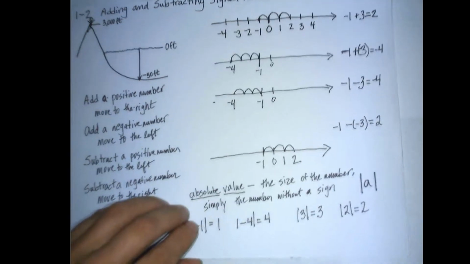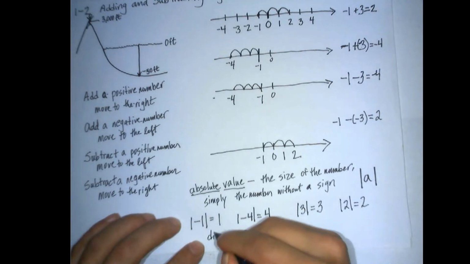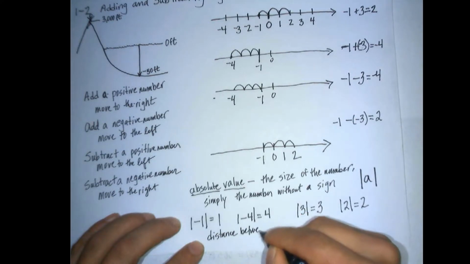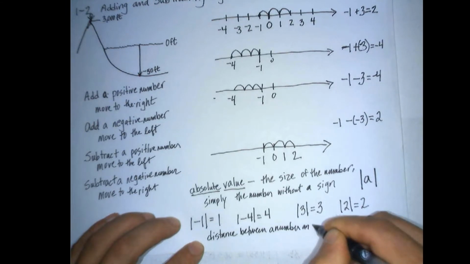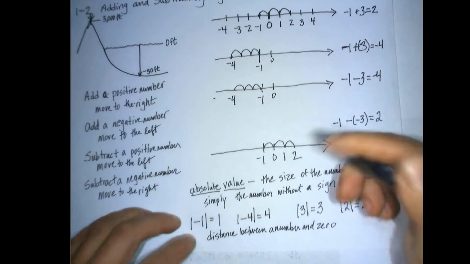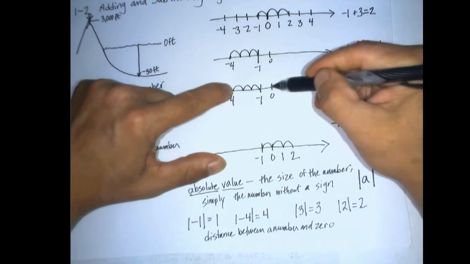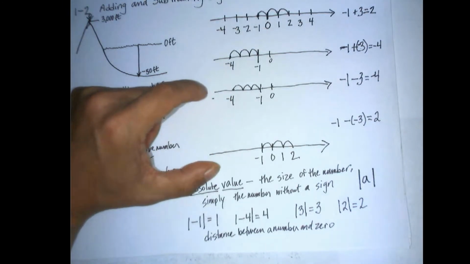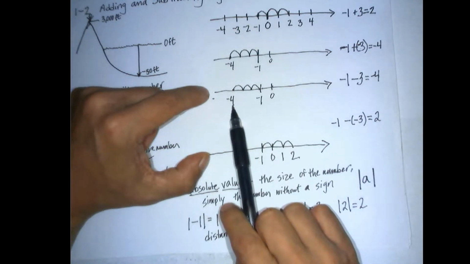The absolute value is also formally defined as the distance between a number and 0. Notice that negative 1 is 1 unit from 0. Negative 4 is 1, 2, 3, 4 units from 0. But the easier way to say it and understand it is the number without the sign. So the absolute value of negative 4 is 4.